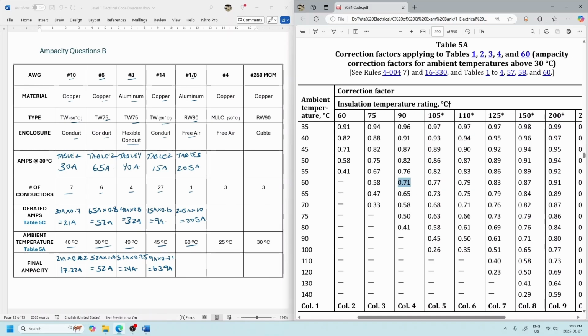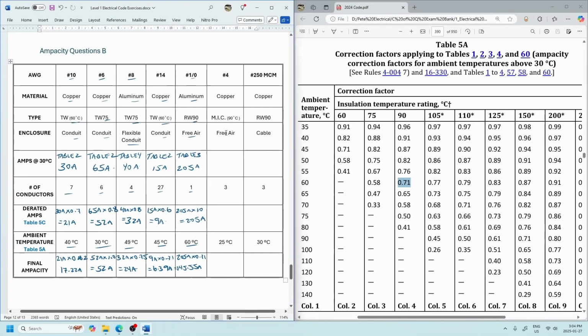So we're going to take our 205 amps and multiply that by 0.71. 205 times 0.71 gives us 145.55. Okay, so number 1 aluminum conductors RW90 run in free air in an ambient air temperature of 60 degrees are going to have a maximum ampacity of 145.55 amps.